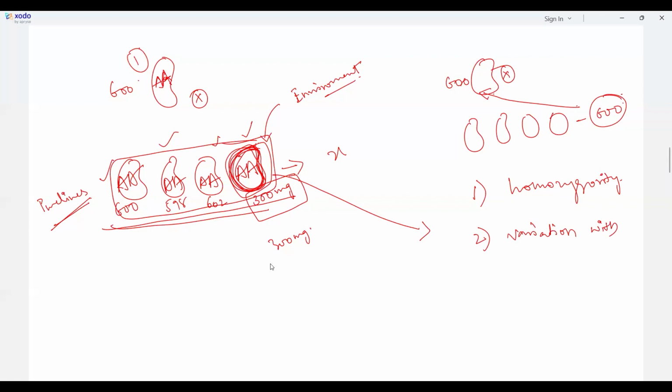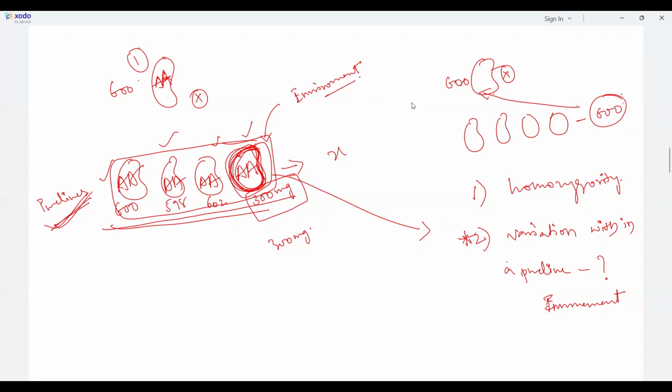So whatever variation you see within a pure line is due to what? Influence of the environment. Yes, it is due to the environment. So this is the most important statement. Did everyone understand this statement?